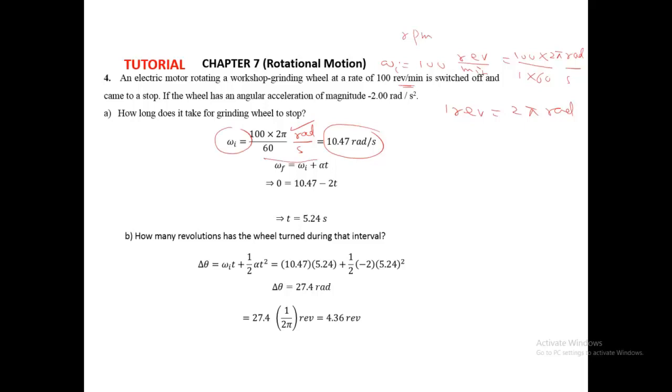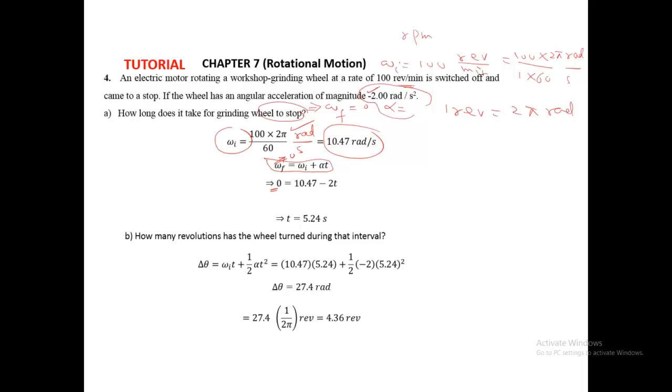We have the first equation of motion for rotational motion. Final angular speed omega f is equal to omega I plus alpha t, right? If the wheel has an acceleration, how long does it take for the grinding wheel to stop? Once it is going to stop, it means final will be equal to 0. So final becomes 0, this is initial, and acceleration alpha is equal to -2 radian per second square, given to you.